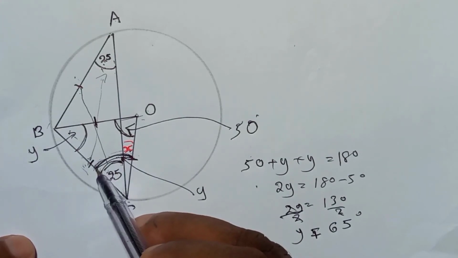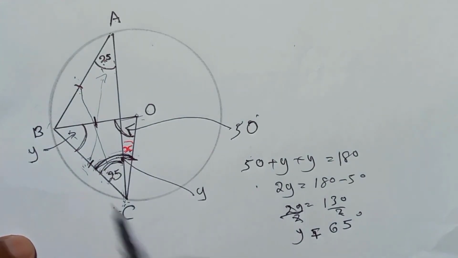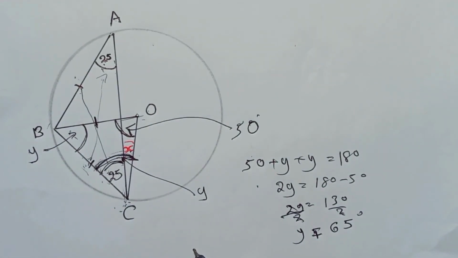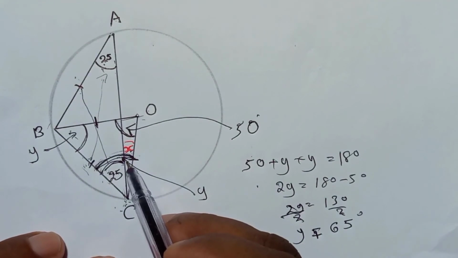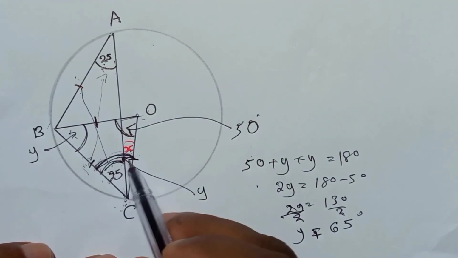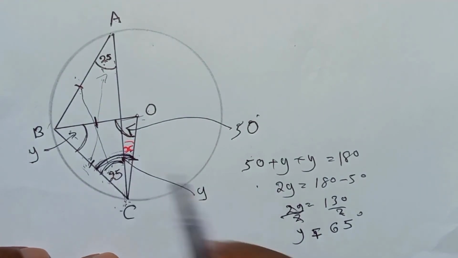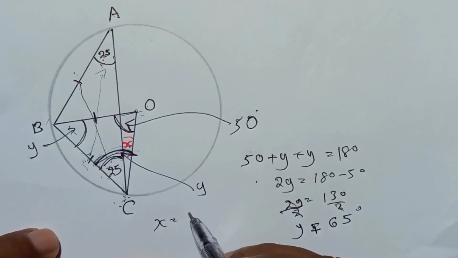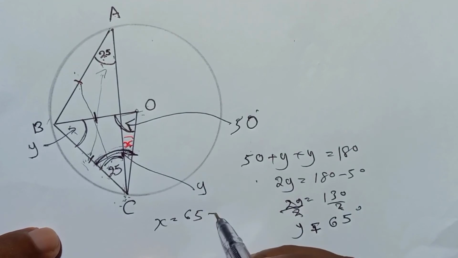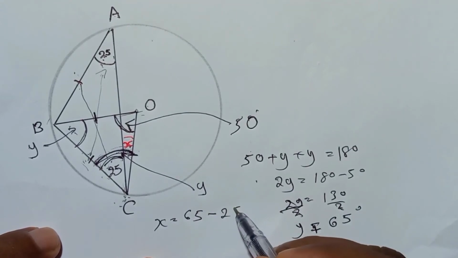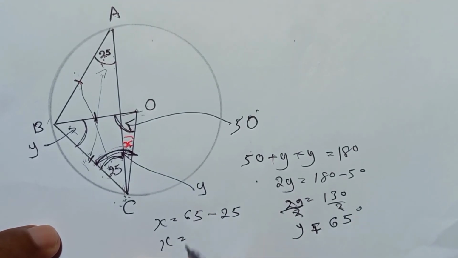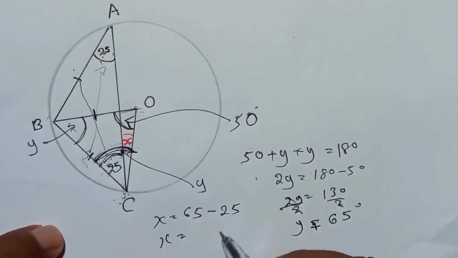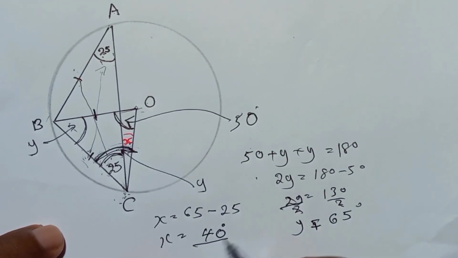So from this 65, subtract this 25, then you get the x value: 65 equals x plus 25. So we can write x equals 65 minus 25, so x will be 40 degrees.